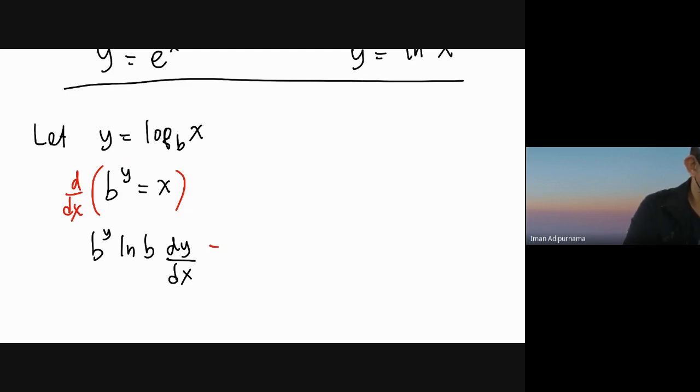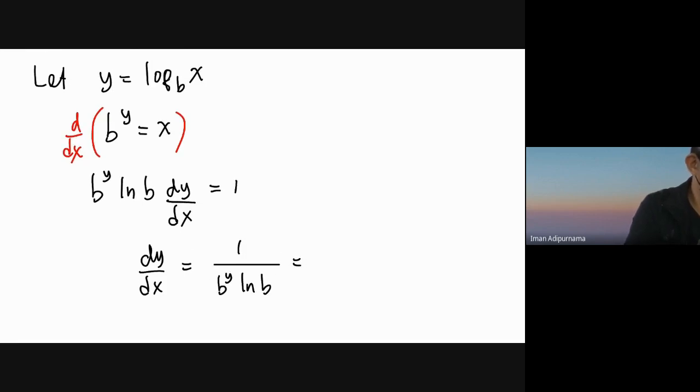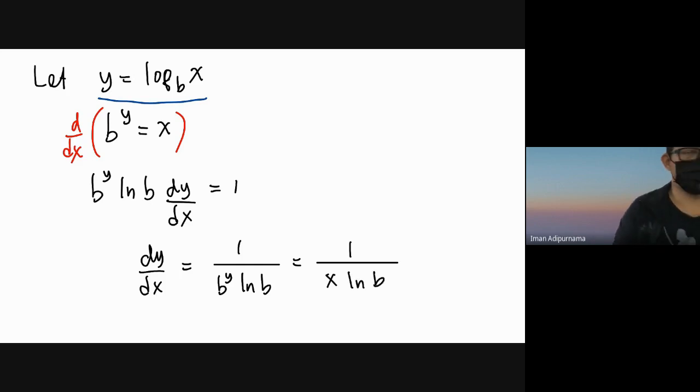And then this equals 1. So dy over dx will be 1 over b with power of y times ln b, or we get back to the original, that is 1 over x ln b.